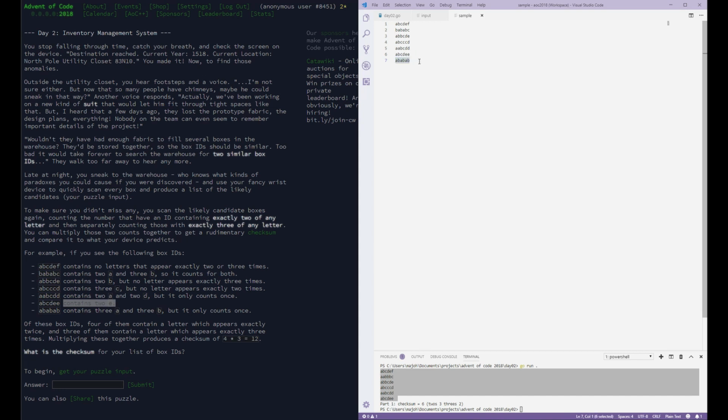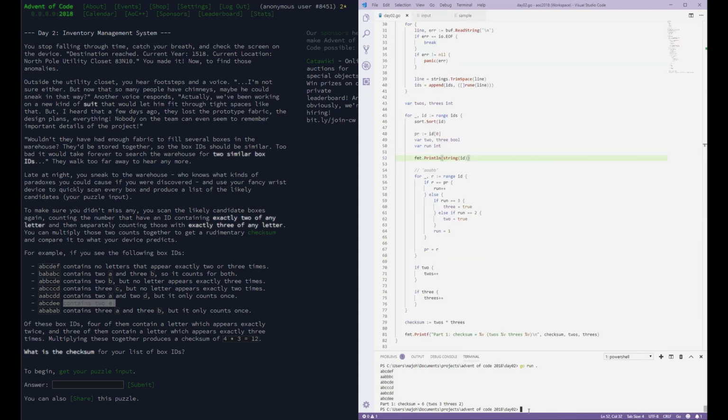It doesn't read the last one because of how I'm looping. If I do that, will that work better? Nope. Well, it worked better, but didn't give me the correct answer. So the first one, A, B, C, D, E, F, A, B, B, B, C. So I think run both.